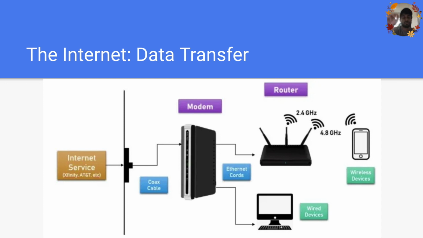And then once it hits your router, it converts that to radio waves, which are then streamed to your wireless devices. Alternatively, you can also take an Ethernet cord directly into your modem and plug it into your laptop or your desktop. You're bypassing Wi-Fi and connecting straight into your modem. That's also an option. And so that's the internet.